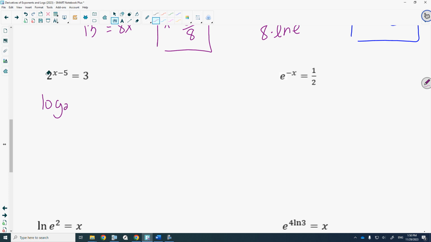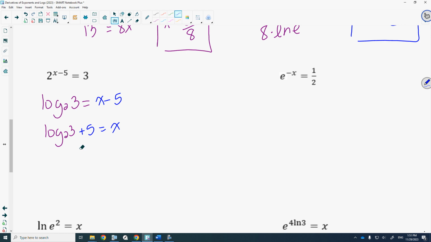So base of 2, argument would be 3, equals x minus 5. We are solving what x is, so let's add 5 to both sides, and we will get log base 2 of 3 plus 5 is equal to x. So that's what x is.